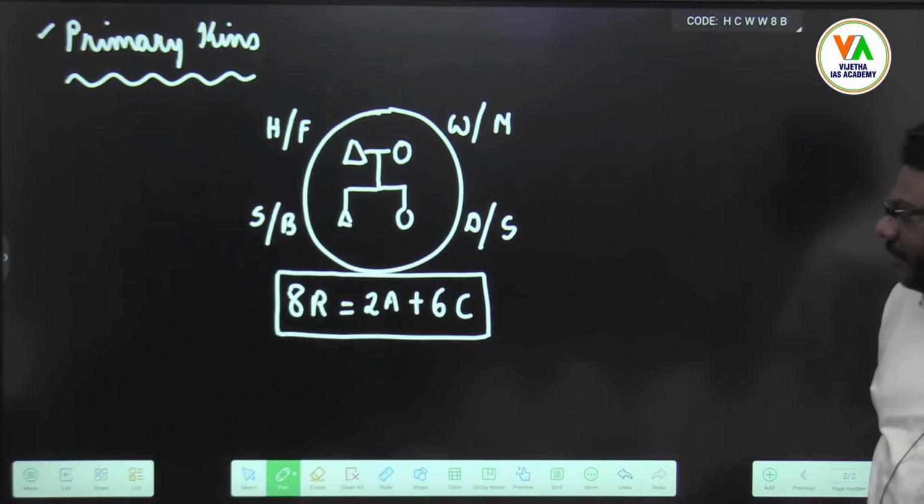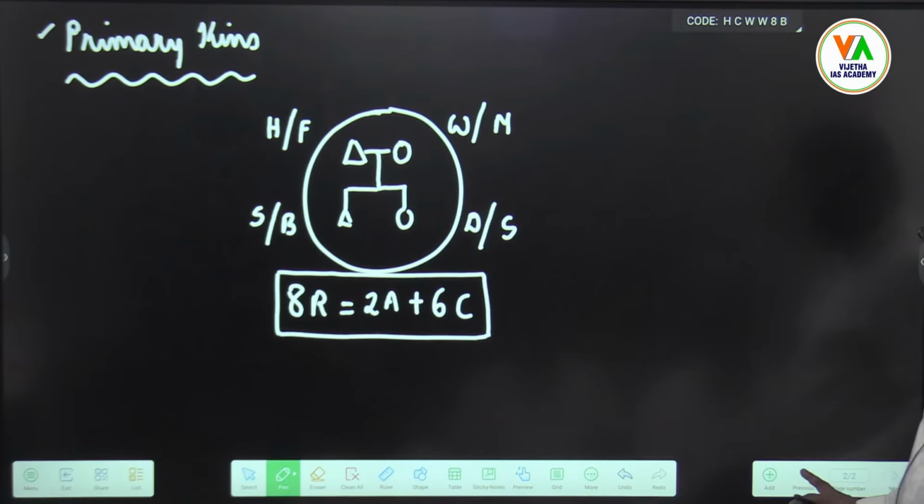Cognate means, as we have written earlier, agnates plus uterines. So paternal side relatives, maternal side relatives. So primary kins are members of a nuclear family.